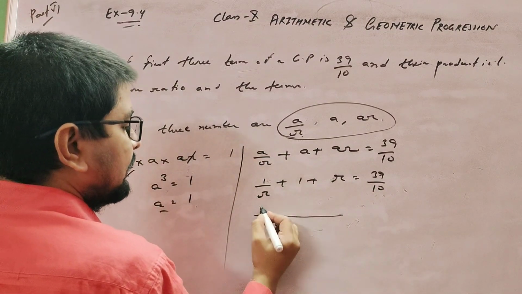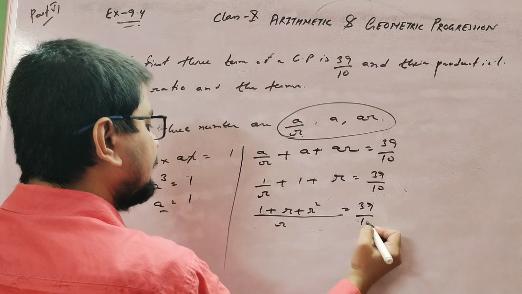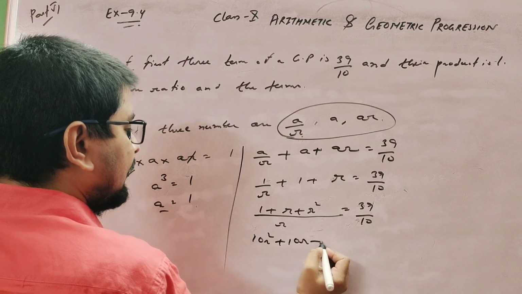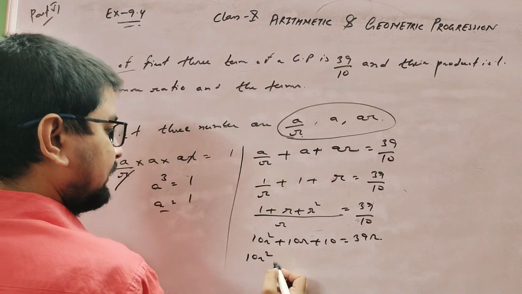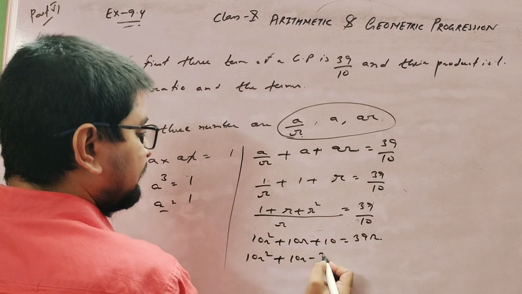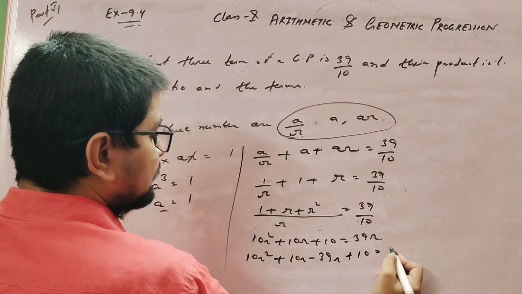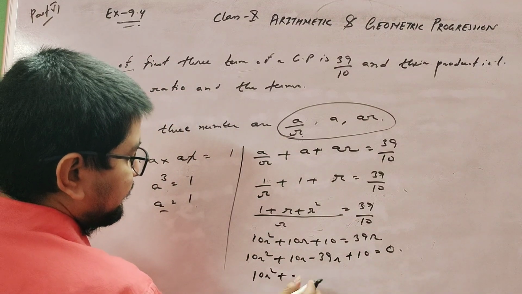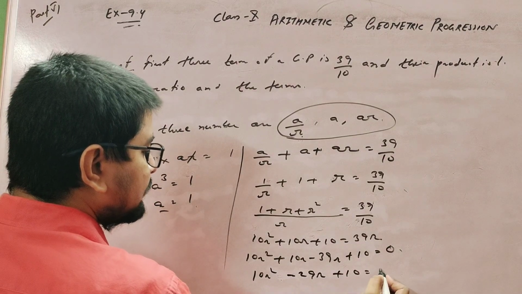Taking LCM R, that is 1 plus R square plus R equals 39R by 10. So 10R square plus 10R plus 10 equals 39R. So 10R square plus 10R minus 39R, this 39R comes this side, plus 10 equals 0. So 10R square minus 29R plus 10 equals 0.